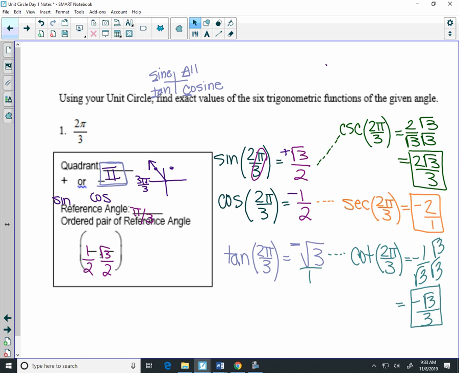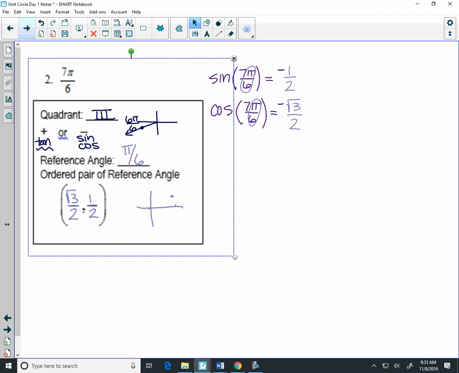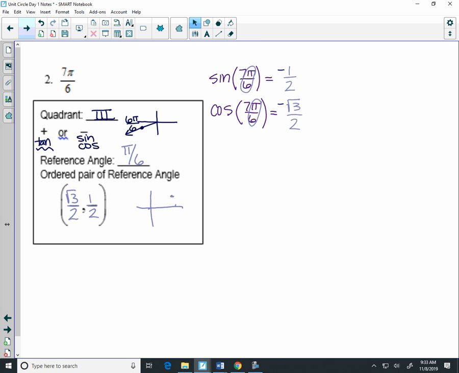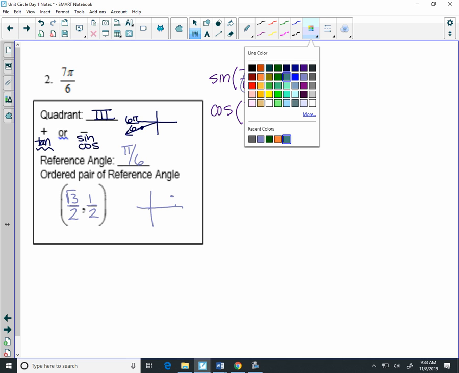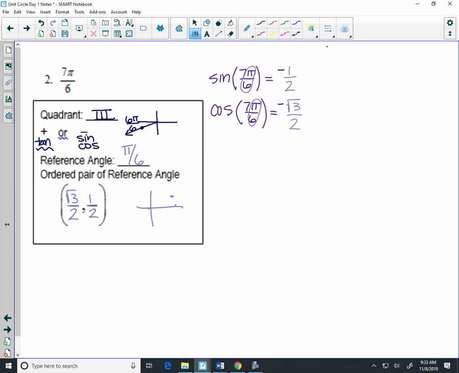Ready for the next example? All right. So yesterday we did 7 pi over 6. We found that sine of 7 pi over 6 was negative 1/2, and cosine of 7 pi over 6 was negative radical 3 over 2. Let's get cosecant and secant first.